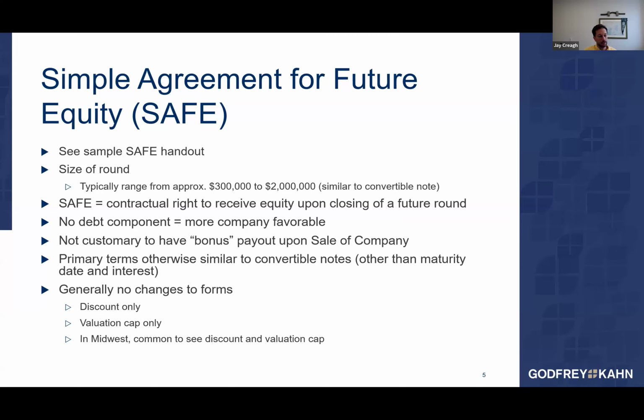And what that does is it makes it very simple from a math formula to figure out the minimum amount that the company has sold. So the example is if you have an investor that invests $500,000 in a $5 million post-money valuation cap, then they've just bought 10% of the company, because you're able to divide 500,000 by 5 million, and that gives you the exact amount that the company has sold off.